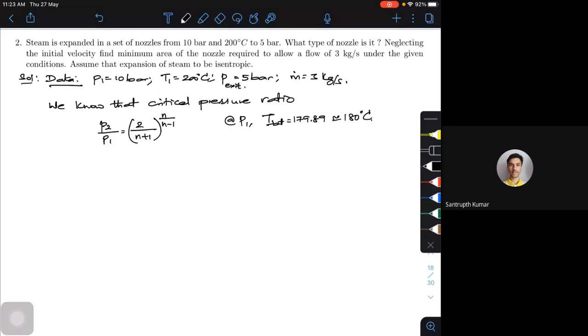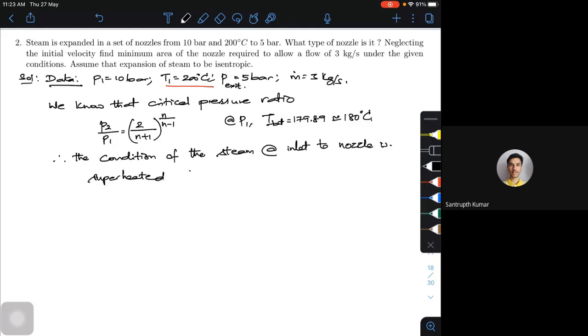But the given condition of the steam is 200 degrees Celsius. Therefore, the condition of the steam at the inlet to the nozzle is superheated, because T1 is greater than T saturation: 200 is greater than T saturation.